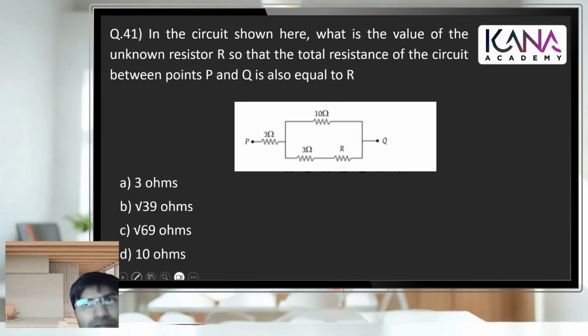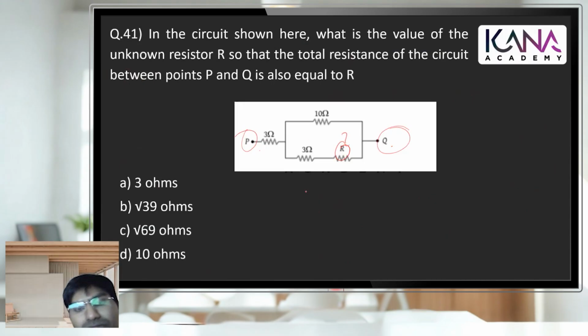Okay, another circuit-based question. Find R such that the total resistance between P and Q equals R. So we need to find R in such a way that the total resistance between P and Q also becomes R. First we need to reduce this circuit diagram.